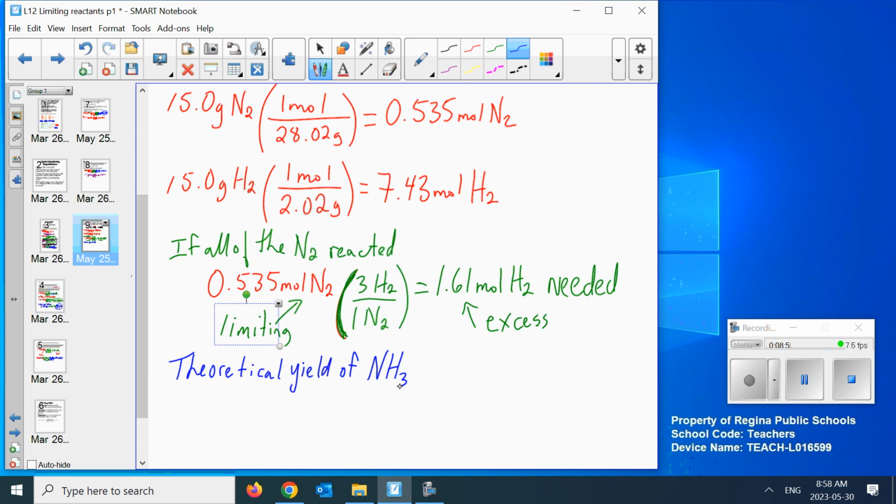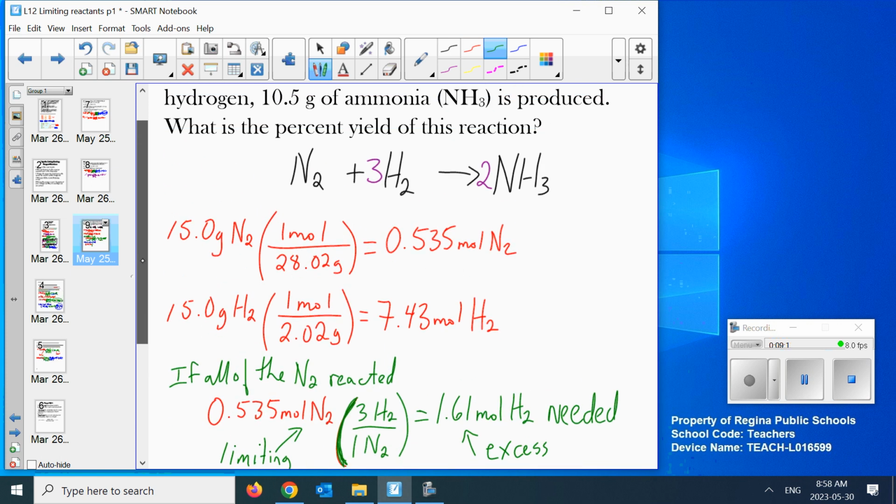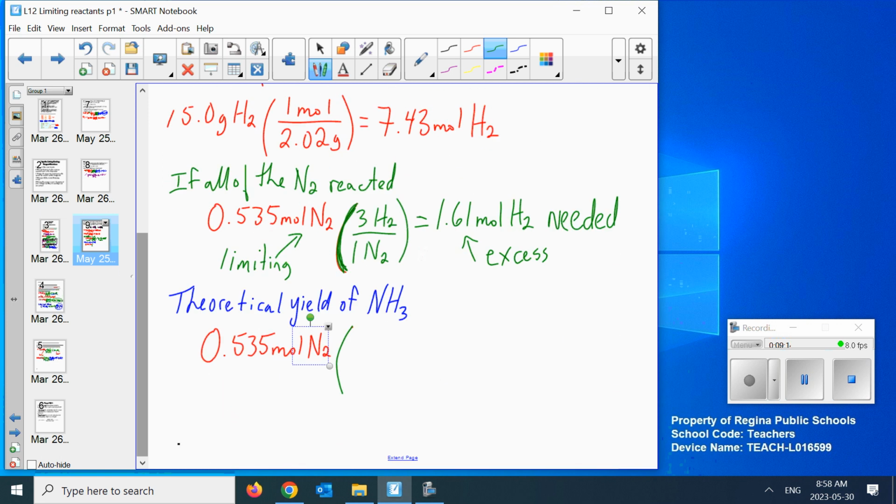So we'll figure this out. We have 0.535 moles of nitrogen. In the balanced reaction, nitrogen is a 1-to-2 ratio with ammonia. At this point, we would have moles of ammonia, then grams of ammonia.